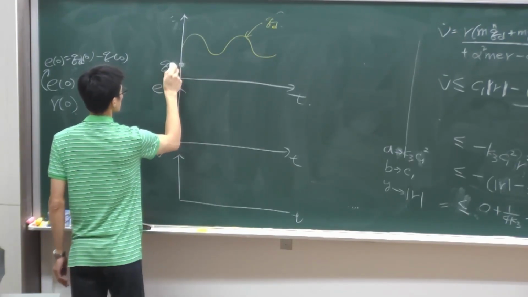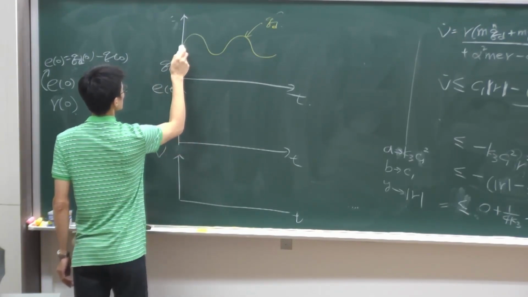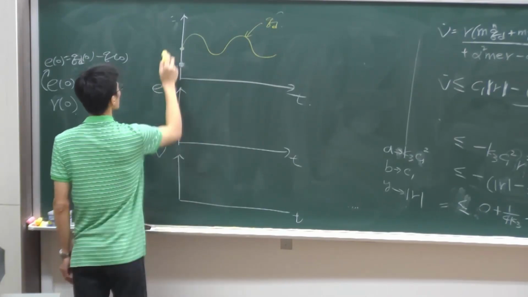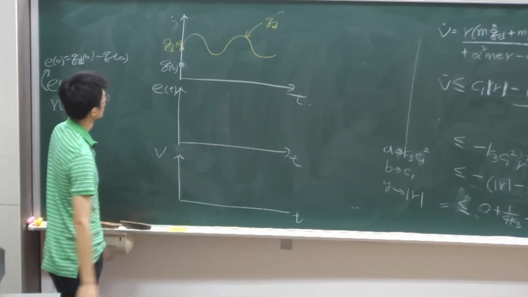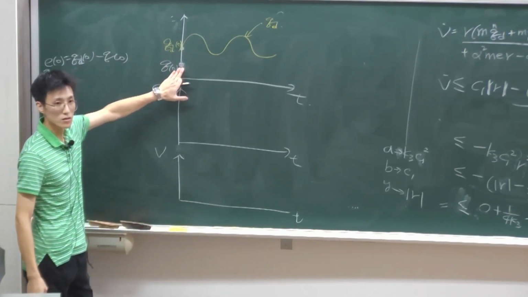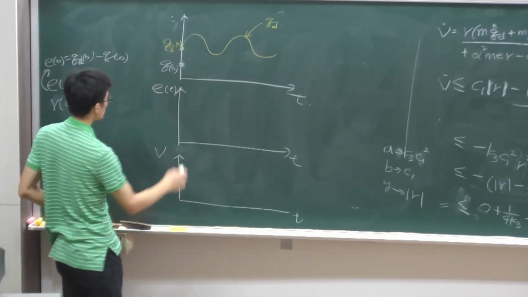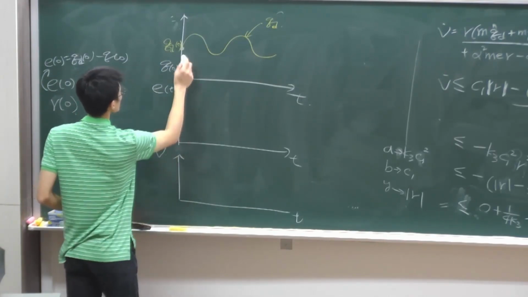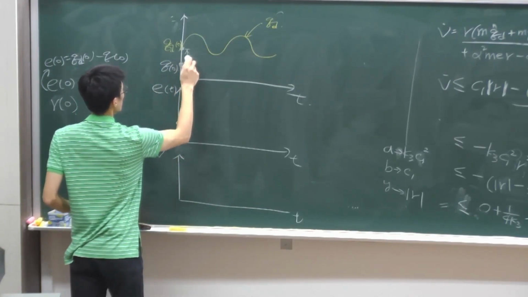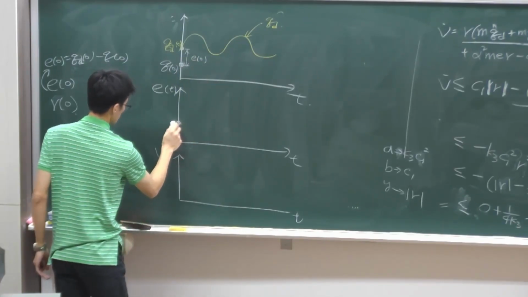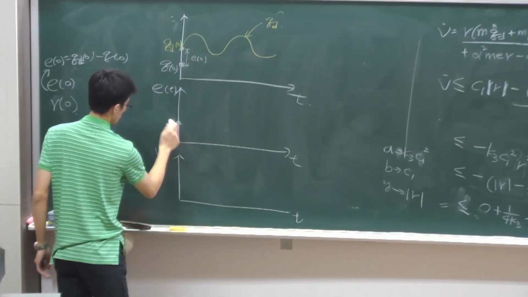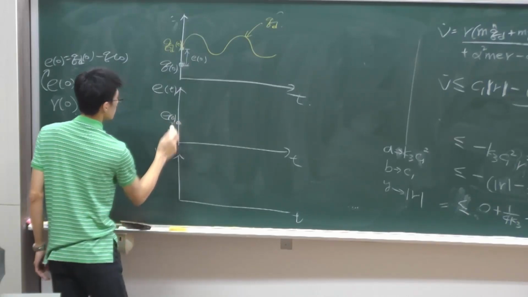Okay, your Q0 is here. This is QD0. So the difference of these two is the error, right? This is the error. So the error is here, E0. Okay?